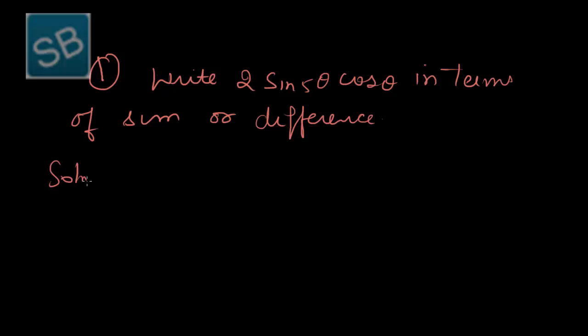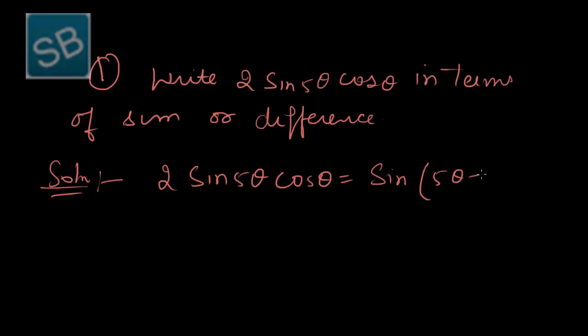So the solution is, we have 2 sin A cos B. That is the first part of sin(A plus B) and sin(A minus B). On adding, this gives sin(A plus B) plus sin(A minus B).